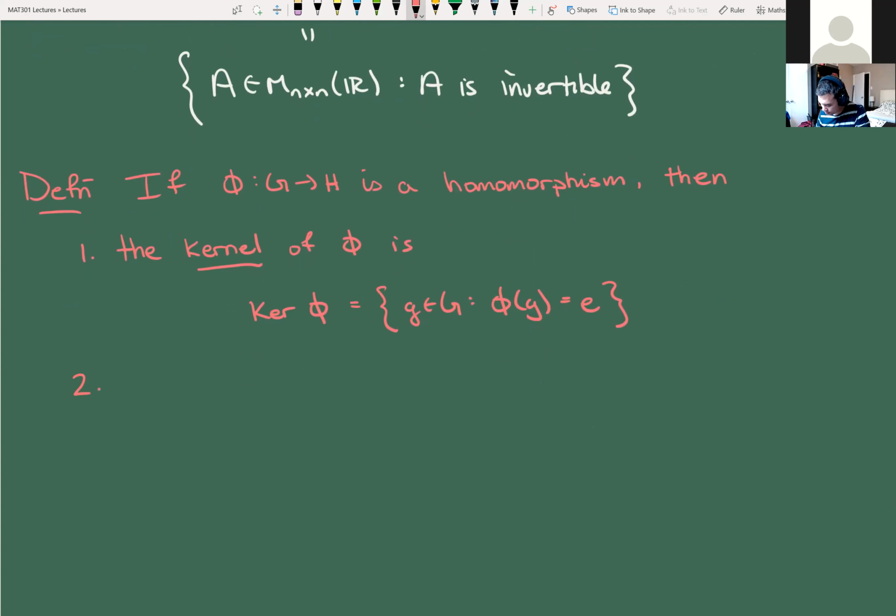The image: well, nothing crazy here. There's a set theoretic definition of an image, and that agrees with the group theoretic one. So the image of phi is the collection of all elements that phi hits as a function.